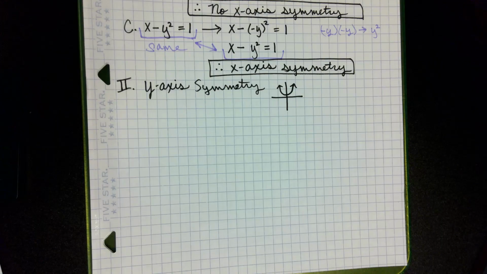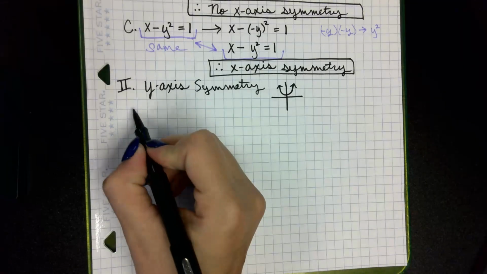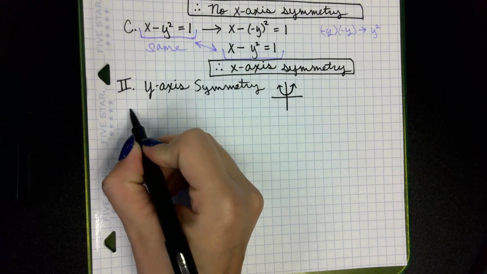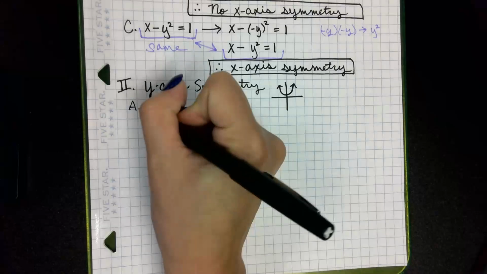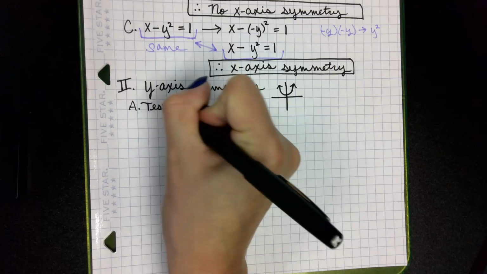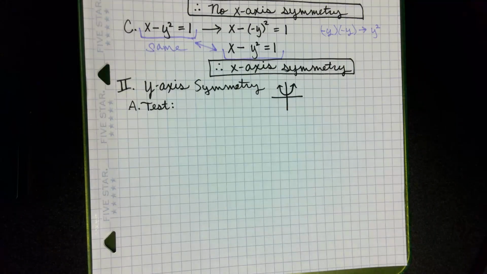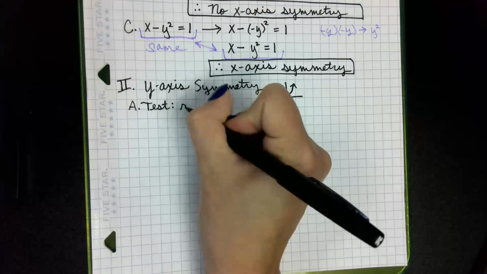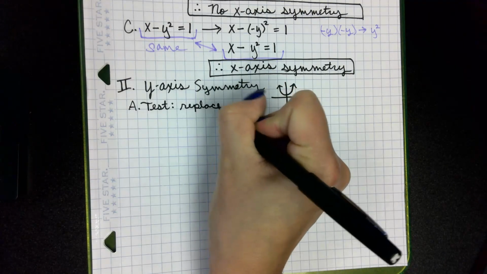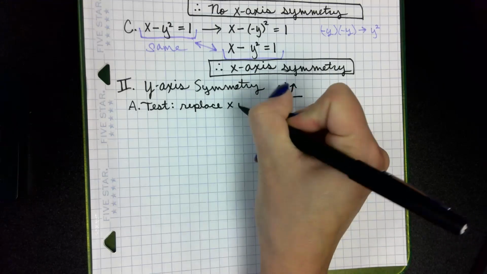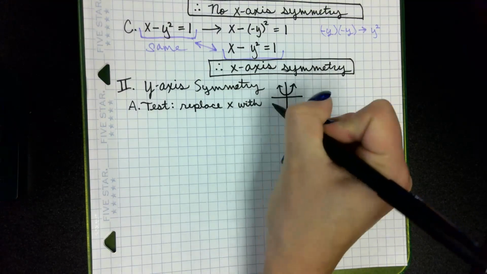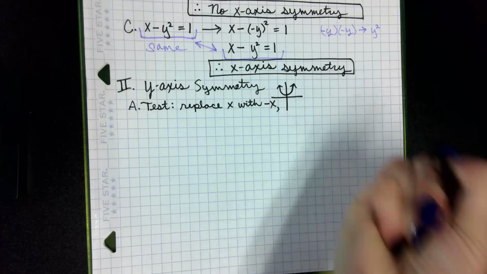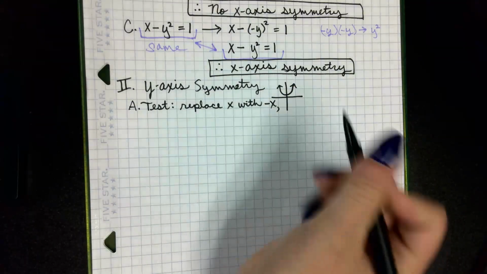That's how you prove it graphically, just by looking at it, but we have to prove it algebraically. So the test here is very similar. The test is to replace x with negative x. Simplify and compare.